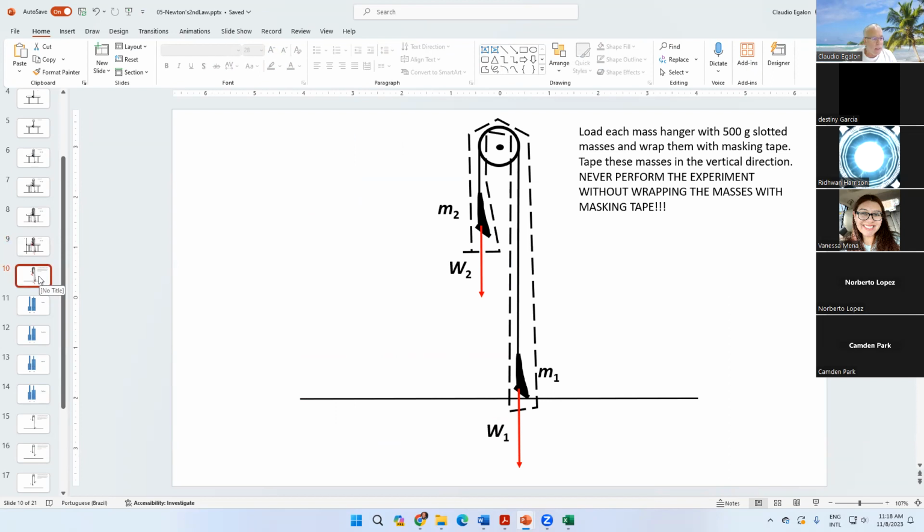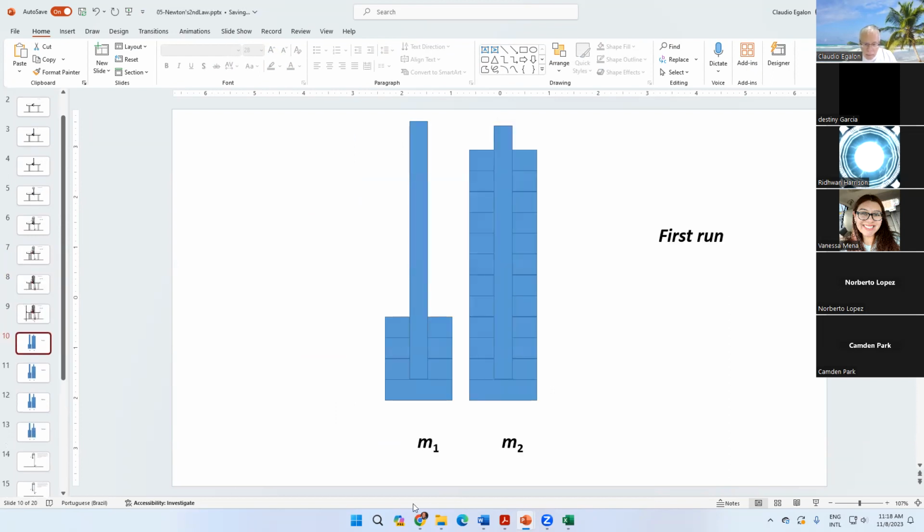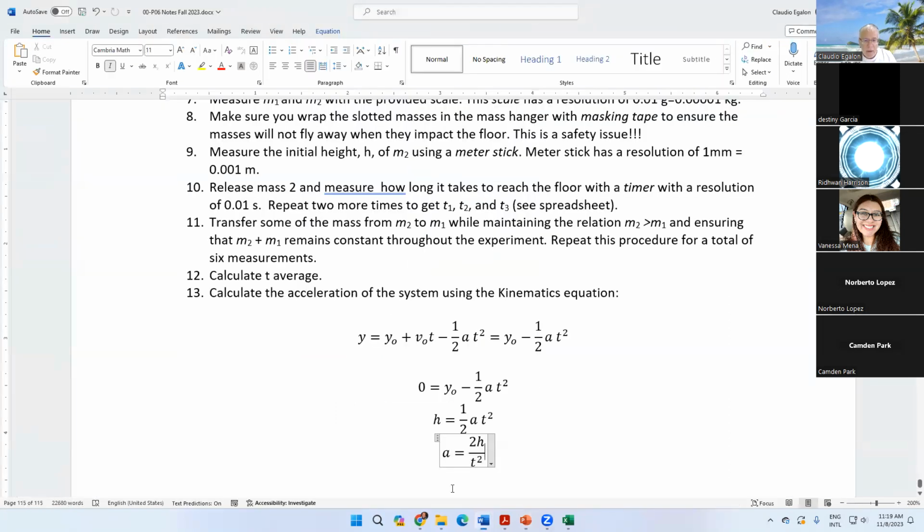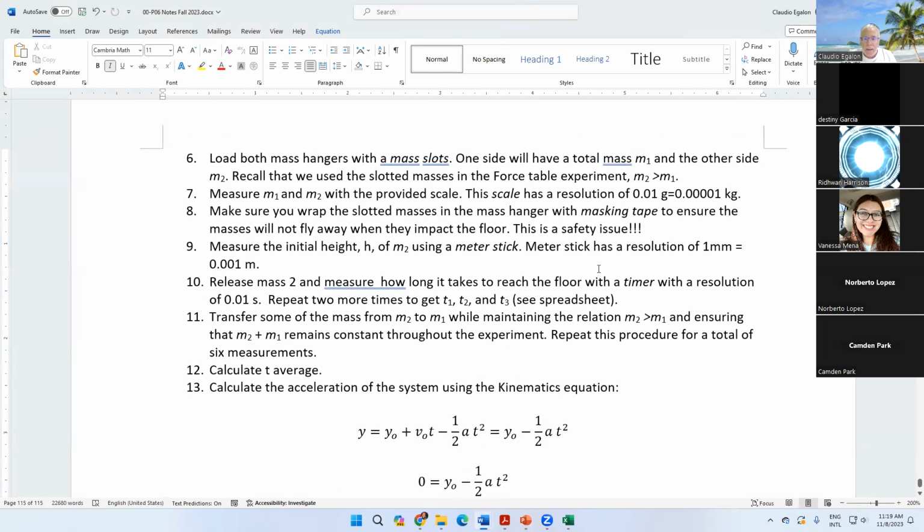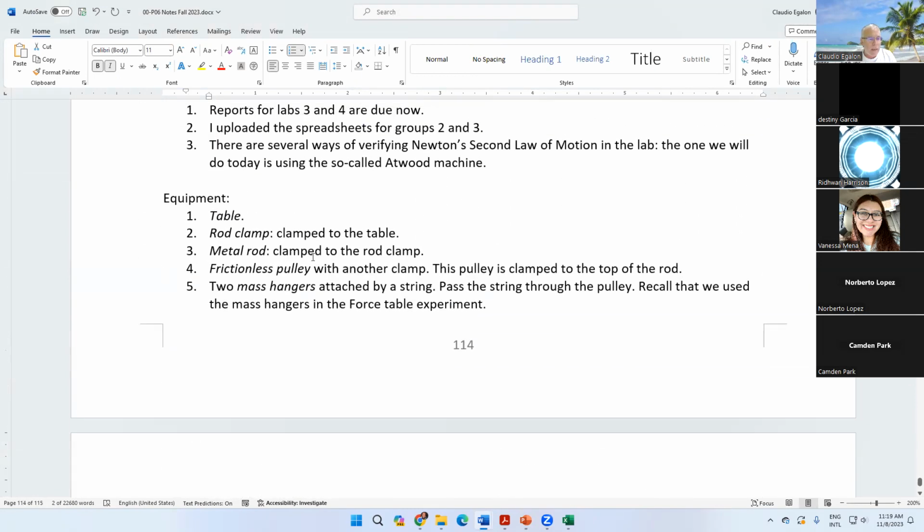I don't need that. Oh, and let's see, did I put masking tape there? Masking tape, yeah. I'm gonna put that in boldface so it's easier for you to locate all the equipment and procedure. Table, rod clamp, metal rod, frictionless pulley.